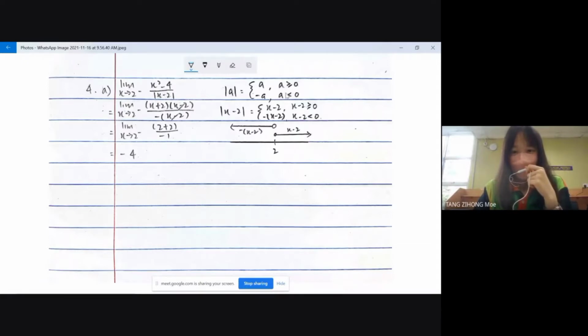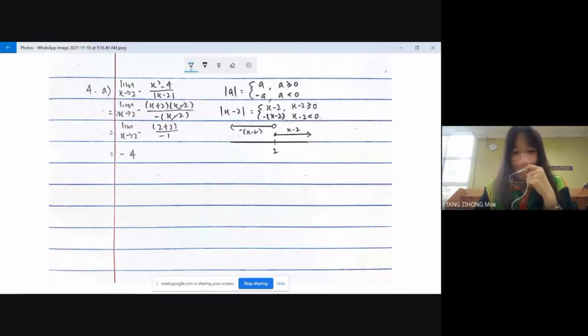By using the formula of absolute value, when we sub x minus 2 equals a, we get these two equations. When x minus 2 is greater or equal to 0, we have to use x minus 2. And when it is smaller than 0, we have to add a negative in front of the bracket.